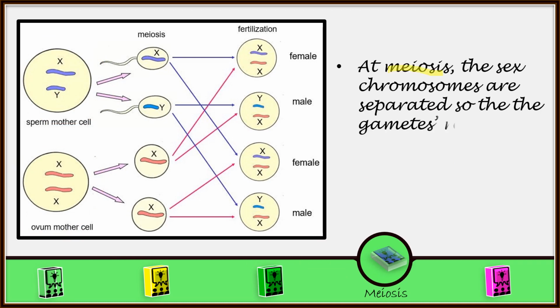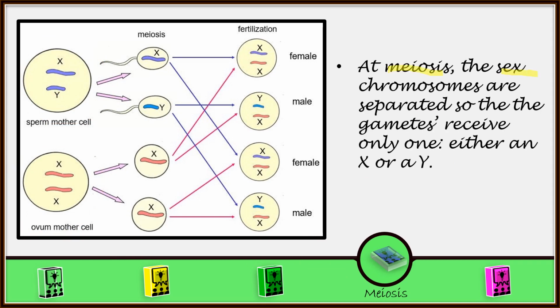After meiosis, the sex chromosomes are separated, so the gametes receive only one, either an X or a Y.